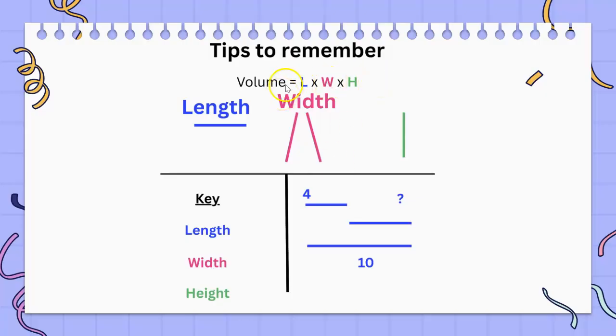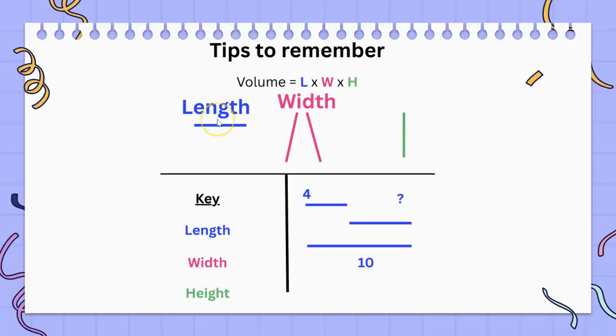All right, so first of all, we have to remember that the formula for volume for a prism would be length times width times height, and this is for a rectangular prism. And what I taught my students to do is to make sure that you highlight each line or each side a different color. So for example, I chose to have my length to be blue, I chose to have my width to be pink, and I chose to have my height to be green.